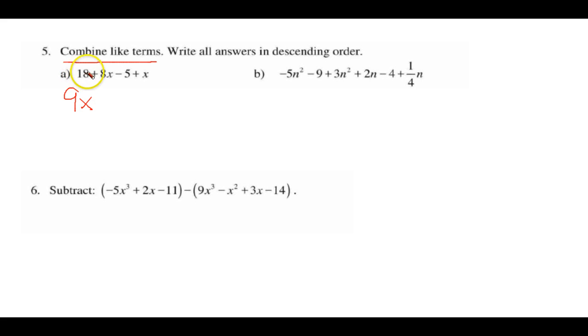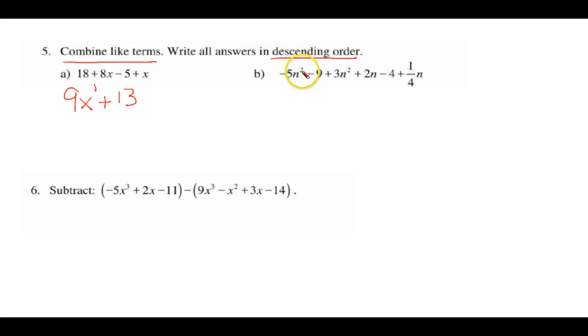And then 18 minus 5 is 13. Now they're also asking us to write the answer in descending order. That is, your highest power or degree starts off, and as you go to the right it becomes lower.